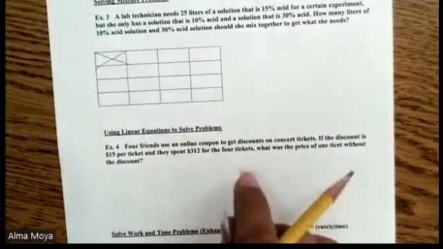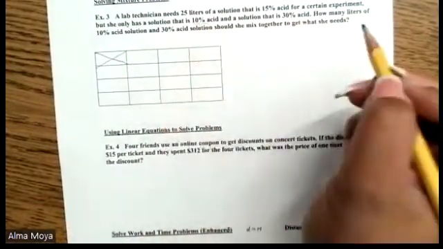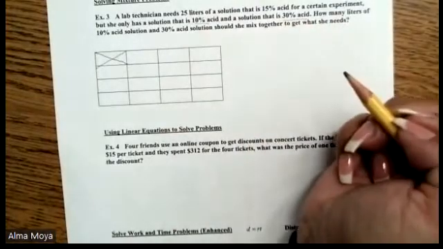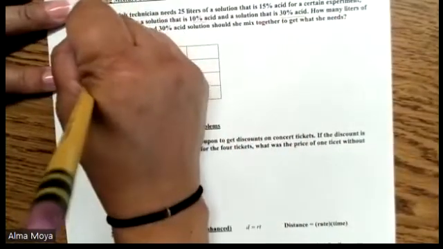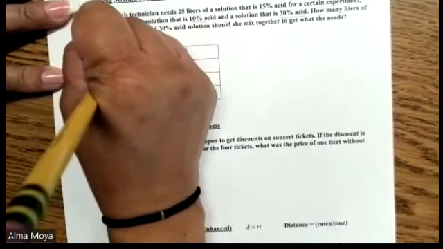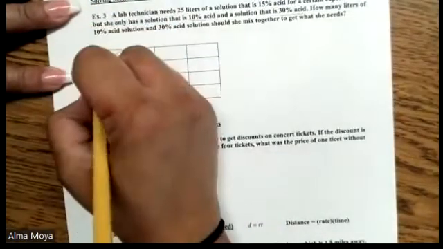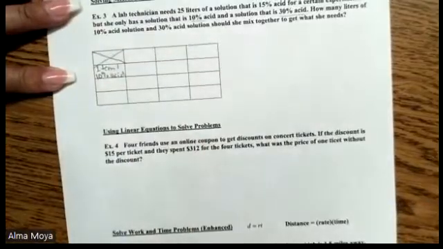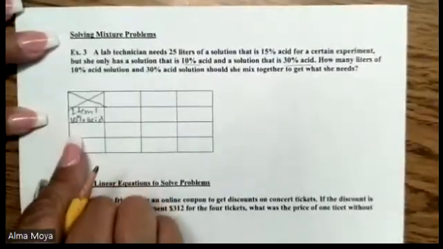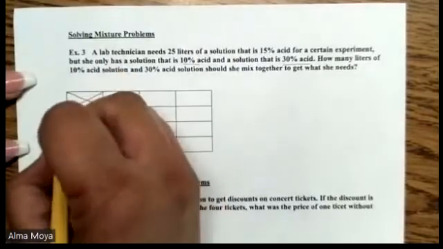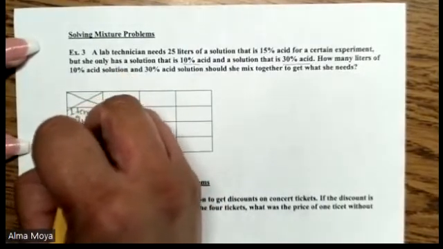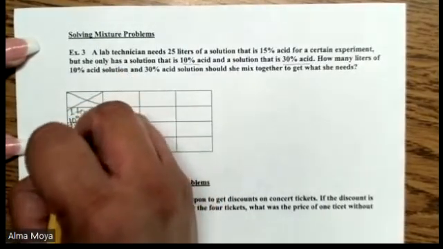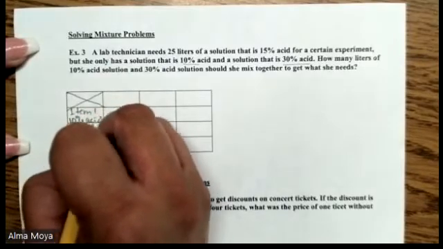Now, remember, she has a 10% acid solution and a 30% acid solution. So right here, this is going to be item 1, which is going to be the 10% acid. And then in here, it's going to be item 2, which is the 30% acid solution.